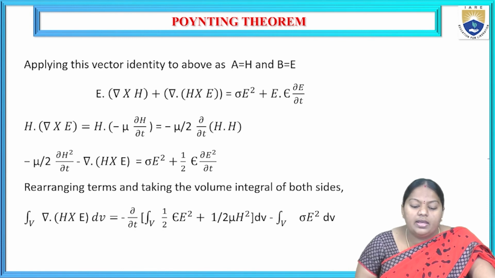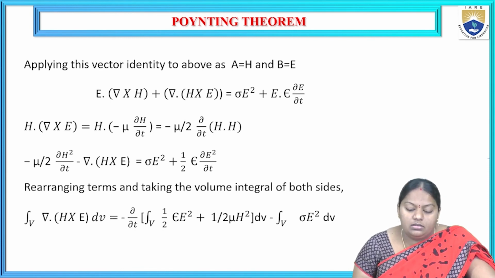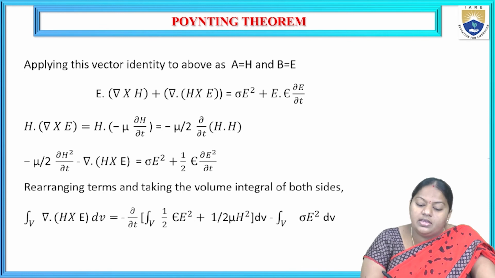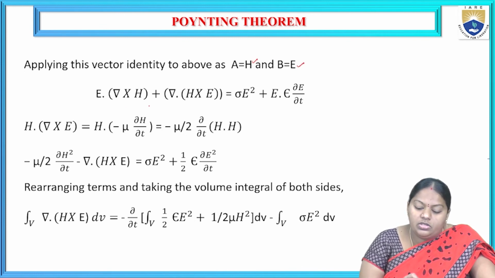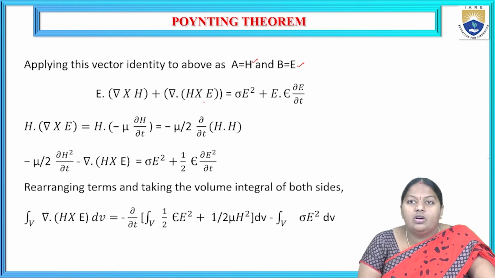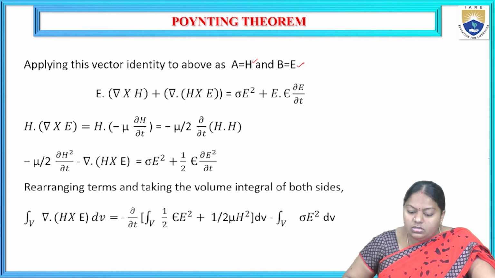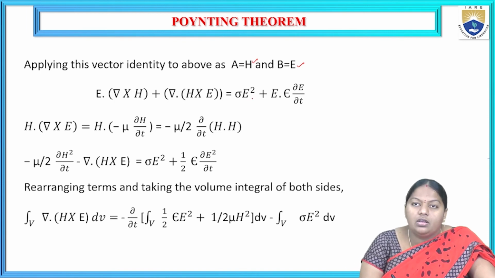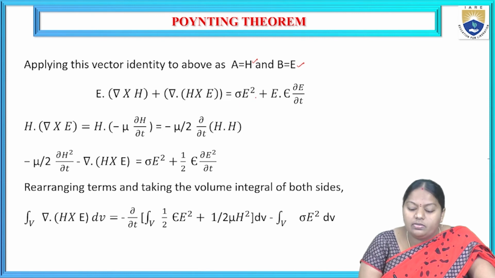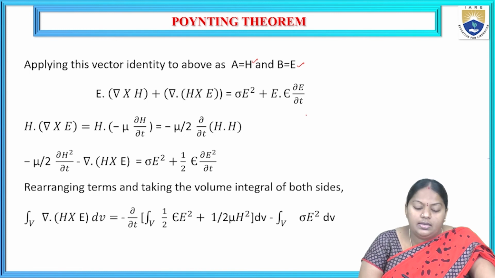Now by applying the vector identity to the previous equation as A equal to H and B equal to E, then those two equations are to be written. Then from that, E dot del cross H plus del dot E bar cross H bar is equal to what we have got in the previous equation, that is sigma, by dotting, then finally we got the equation as sigma into E square plus E dot epsilon into dou E by dou t, right?